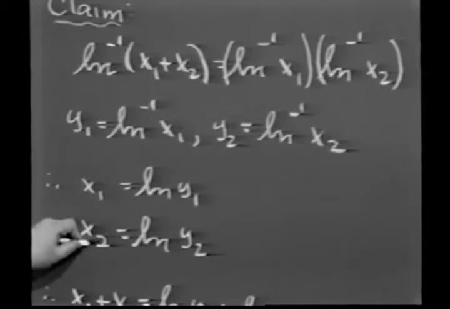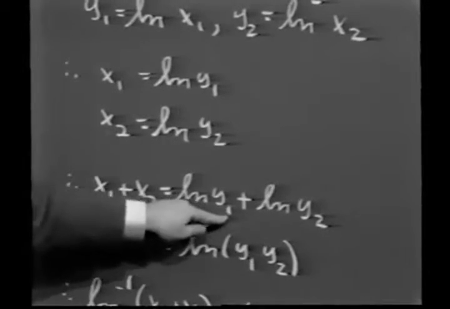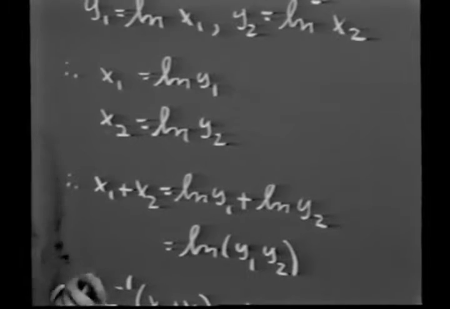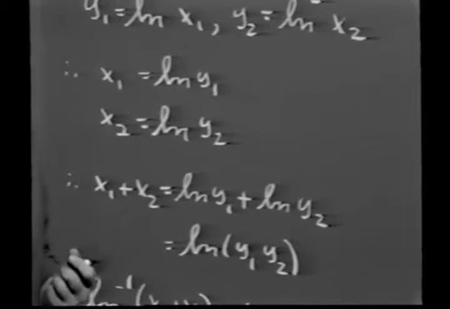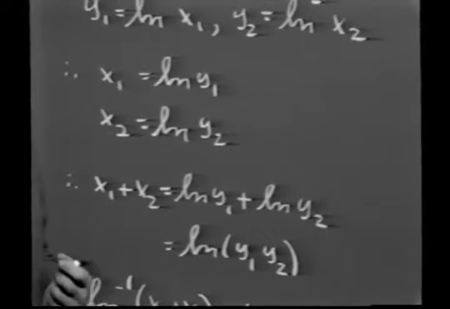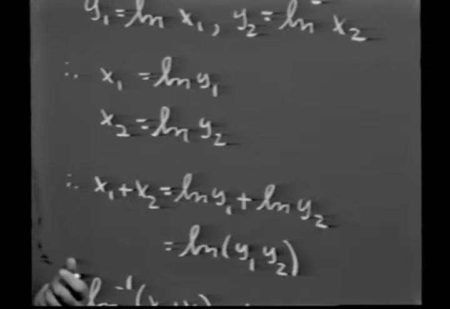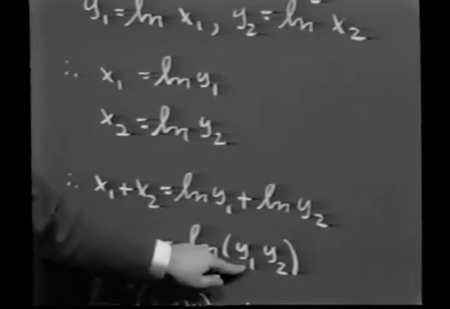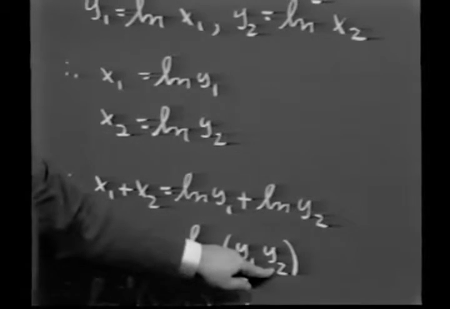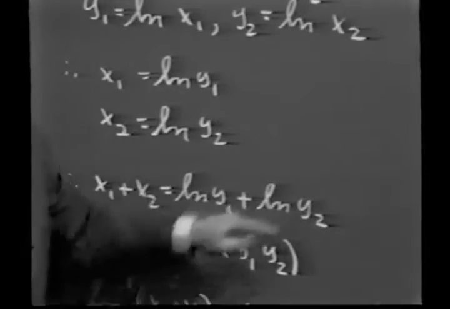And now we add equals to equals, and we get that x1 plus x2 is natural log y1 plus natural log y2. But allegedly, we understand the properties of the natural log, because if we didn't understand those, it would be kind of futile to be studying the inverse function. What do we know about the natural log? We know that the natural log of y1 times y2, by definition of a logarithmic function, is log y1 plus log y2.